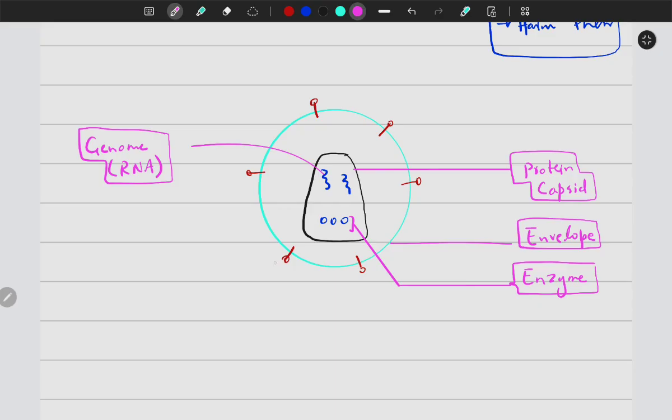Okay, and these are some of the surface proteins. You can say this is a surface protein. They look like spikes, so you can call them protein spikes. They help in the attachment to the host cells or entry into the host cell.